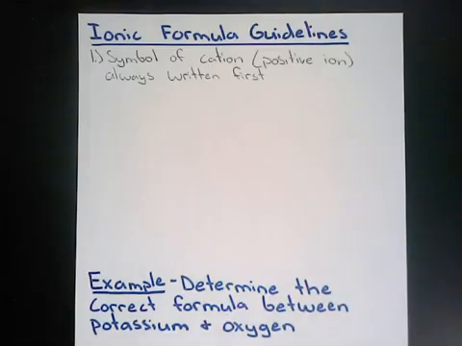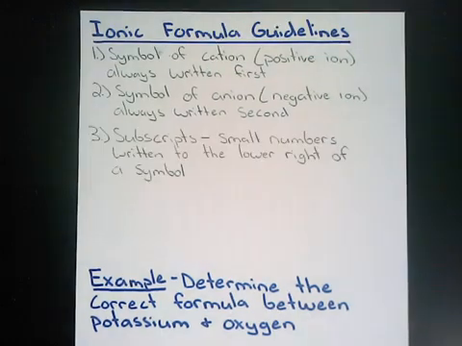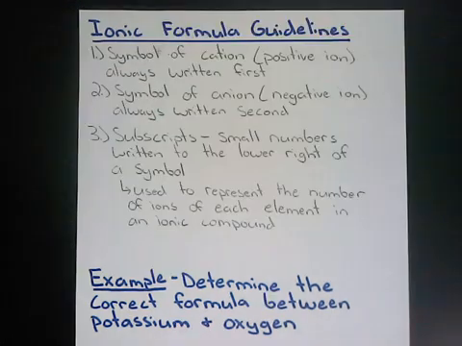The symbol of the anion, or the negative ion, is always written second. Third, if needed, we must include subscripts, which are small numbers to the lower right of our chemical symbols. These subscripts represent the number of ions of each element in an ionic compound. If no subscript is written, it is assumed to be 1.